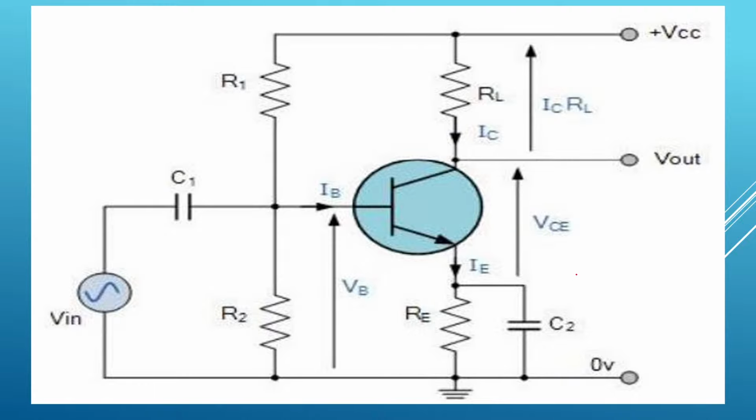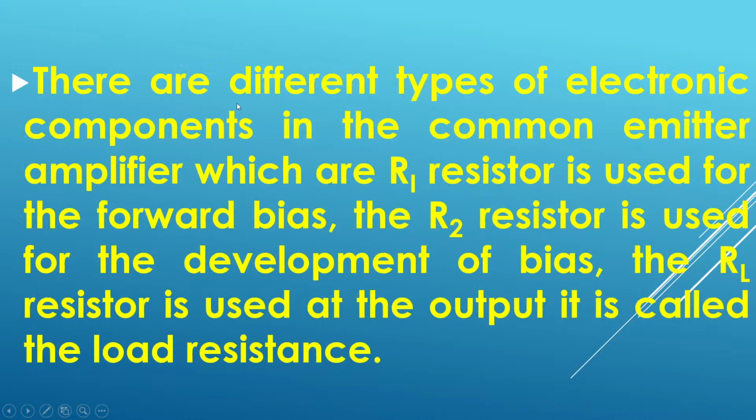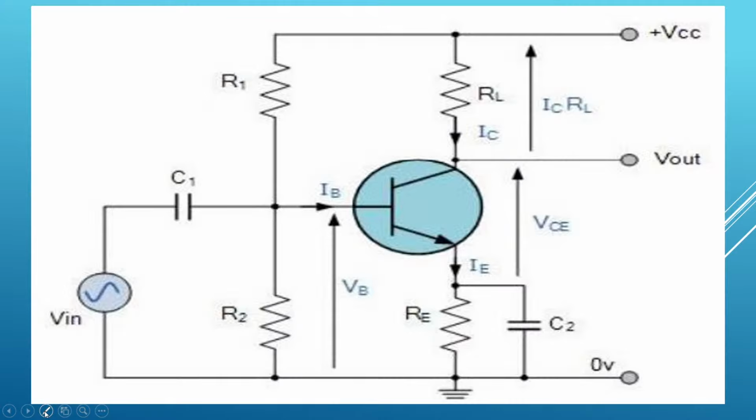So this is the circuit. There are many parameters. You can draw this circuit. You can see R1, C1, input voltage, R2, RE, C2, RL, and of course the collector current.